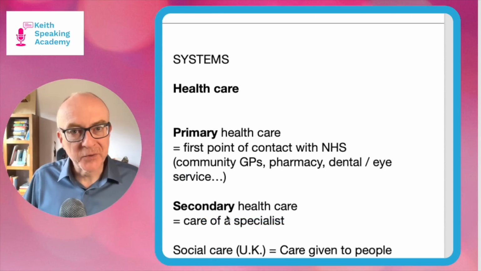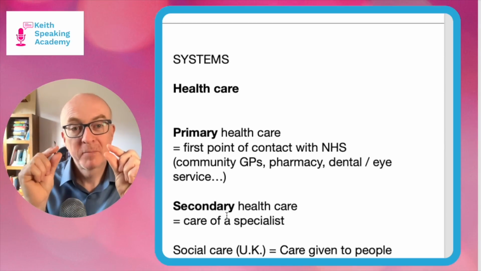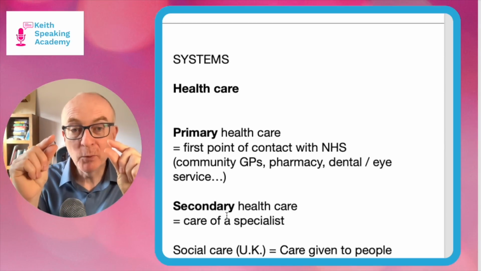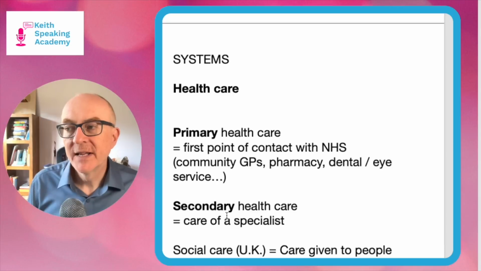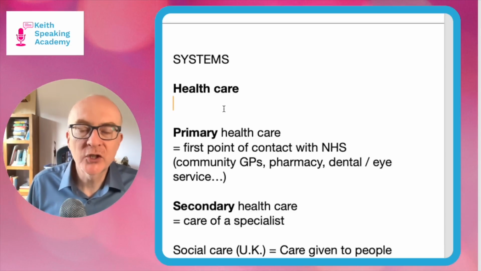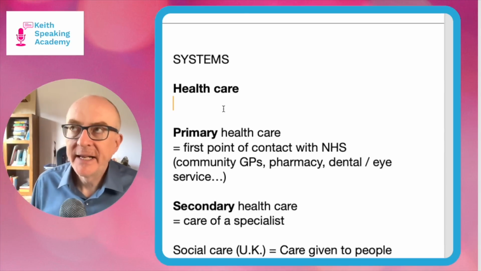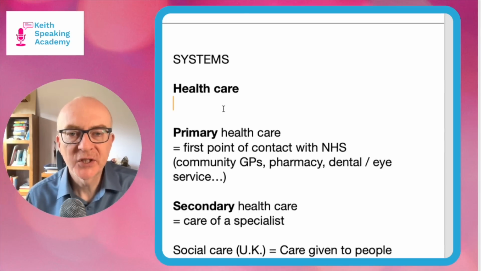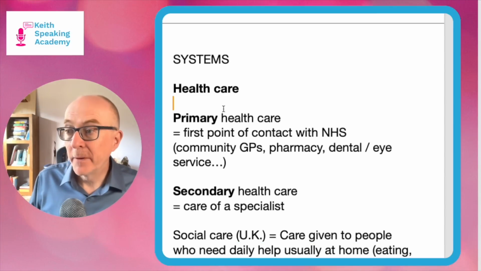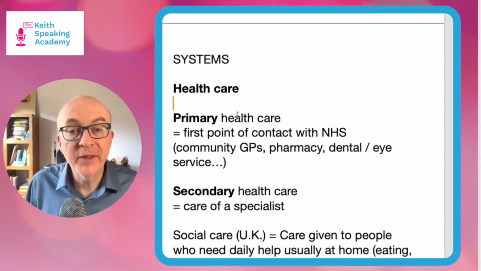And systems. We've looked at people, we've looked at places, and now systems, the healthcare system. In England, it's called the NHS, the National Health System. But we talk about healthcare in general, and the most important is primary healthcare.